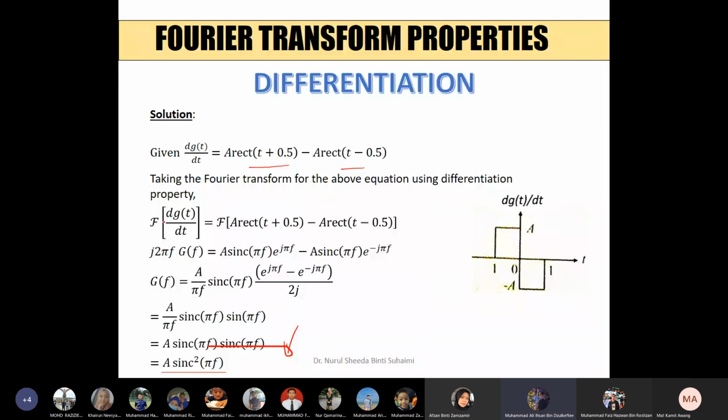The Fourier transform of the differentiation of g(t) over dt is equal to j 2 pi f times G(f). When you rearrange, you get this G(f).